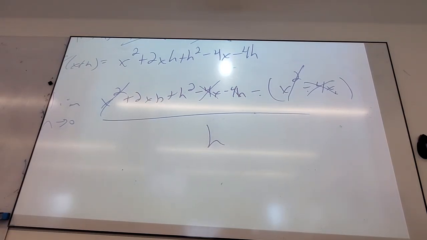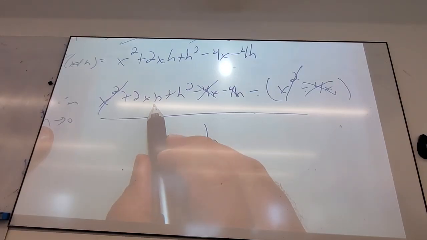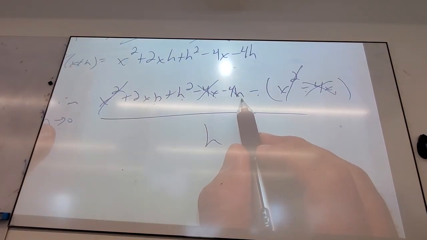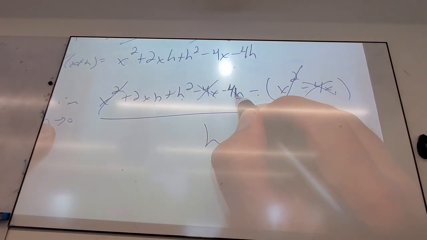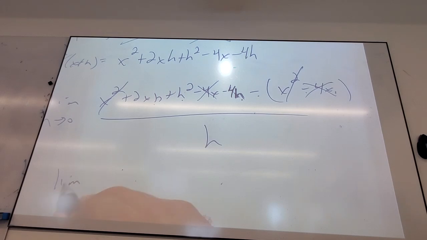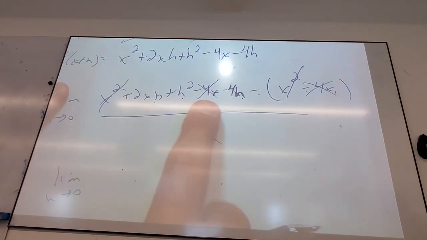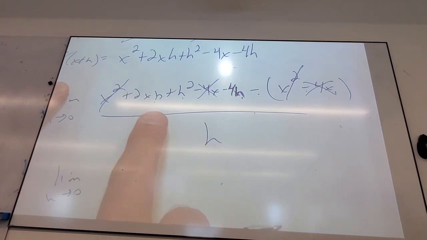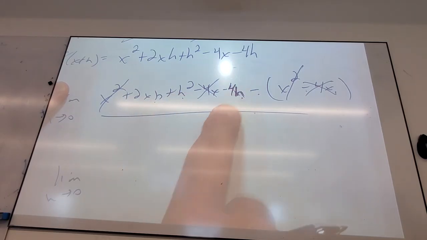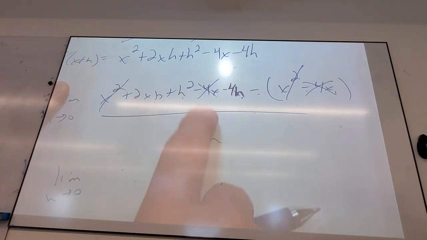Notice everybody that's left has what in it? Everything that's left has an h in it, yes? This looks like I killed it, but I didn't. Is everybody with me right now? This isn't very advanced mathematics in the middle here, but the limit and all this other stuff. So now every term can just lose an h, right?